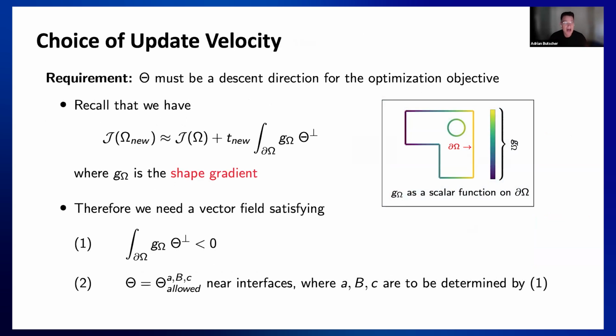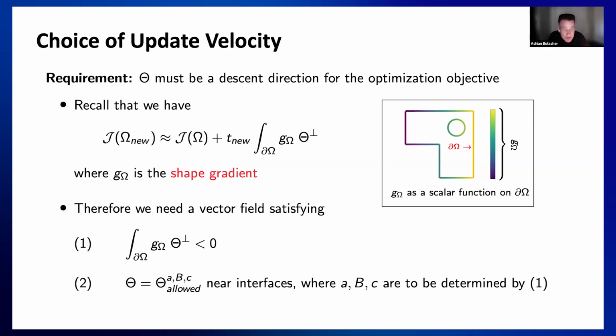But I still haven't told you how we're going to choose the update velocity. As I said in my introduction, that's item 3 of my 3.3 ingredients, and this has to be done via a sensitivity analysis. Let me remind you that in topology optimization, you always want to choose the velocity field to cause a first order decrease in the optimization objective function.